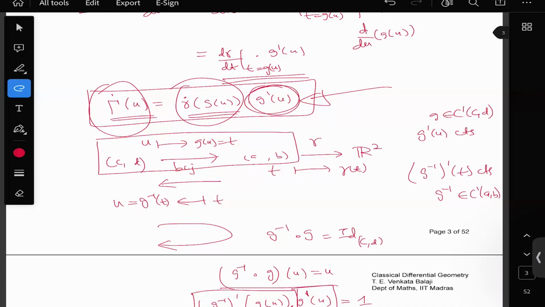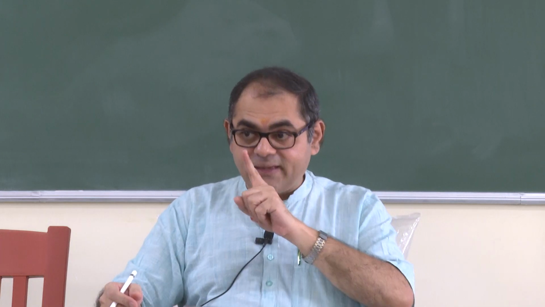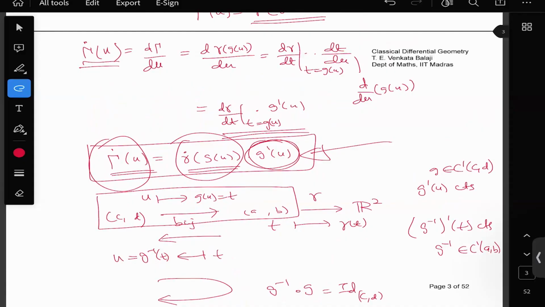But why is it that you are trying to do this reparameterization? What is the actual aim? The aim is that you are trying to take a regular curve which has some arbitrary speed and change it into a curve which has unit speed. So the purpose of the reparameterization is to modify the speed. When I took this small gamma, the speed was the norm of this small gamma dot.